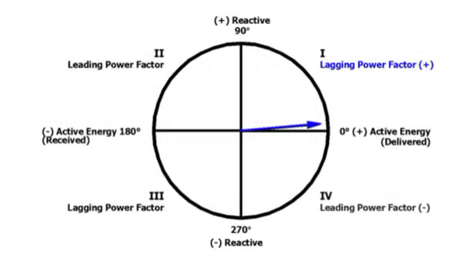The key factor of differentiation is that leading power factor is attained when the load current is in the leading position to that of the supply voltage, while lagging power factor shows that the current lags the voltage by some phase angle.